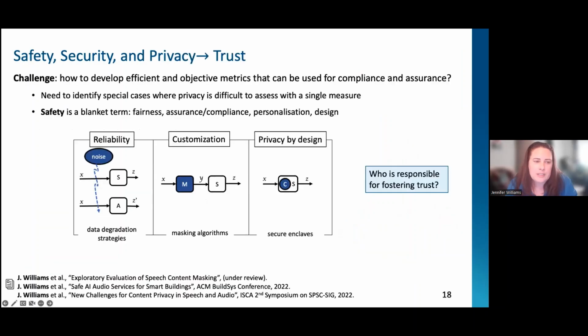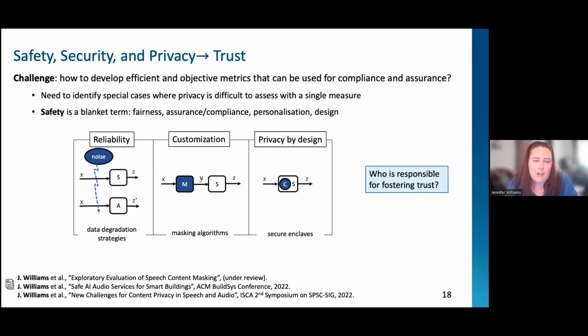In terms of safety, security, and privacy, these are elements that feed into trust. So one of the challenges that we have is how do we develop efficient and objective metrics that can be used for compliance and assurance? How do we assure that something has in fact protected privacy or that it is in fact secure?